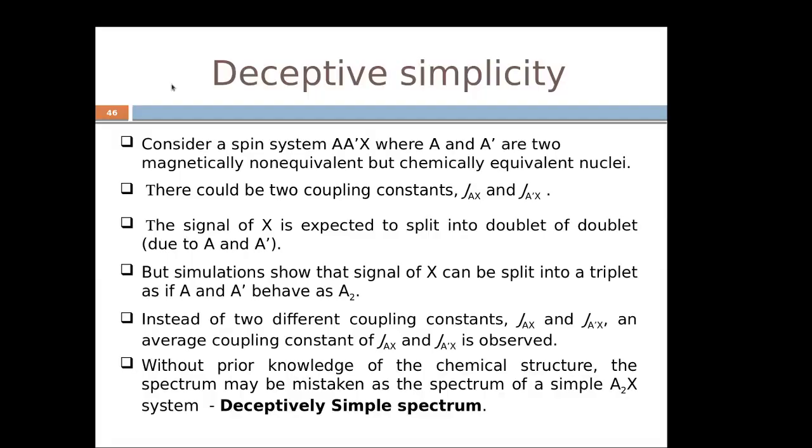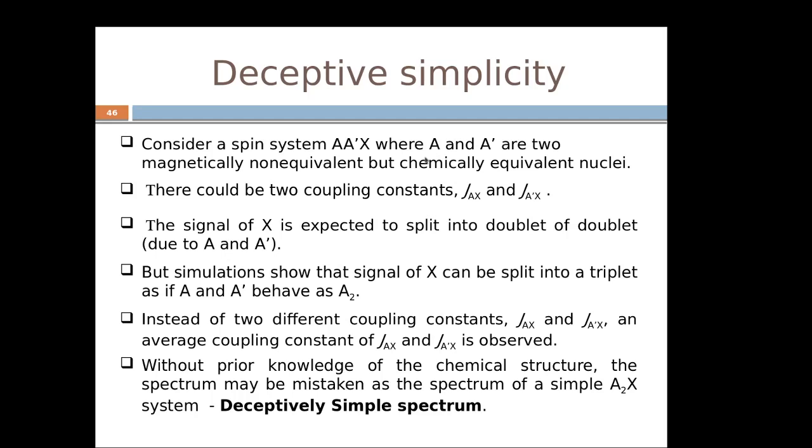Okay, we are going to see another intriguing aspect of a coupling phenomenon, which is called deceptive simplicity. In order to understand the concept of deceptive simplicity, let's consider a nuclear spin system such as an A'X system, where the nuclei A and A' are two magnetically non-equivalent nuclei, in the sense that A and A' couple with any other nuclear spin in the system to different extents.